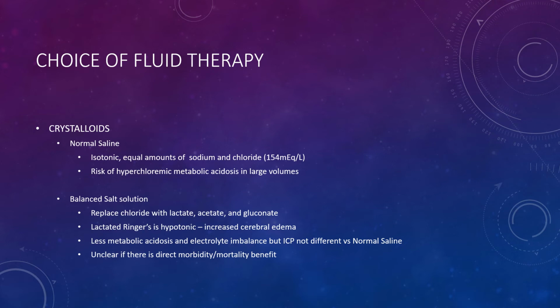Lactated Ringer's is a hypotonic balanced salt solution, and because it's hypotonic, it causes a decrease in the plasma osmolality, which, when decreased by 1 milliosmol per liter, can result in a 19 millimeter of mercury increase in pressure of fluid movements across the blood-brain barrier, and a 3% decrease in the plasma osmolarity results in cerebral edema. And so it's not a good choice there.